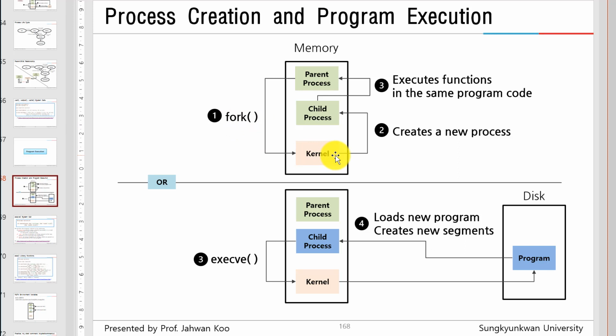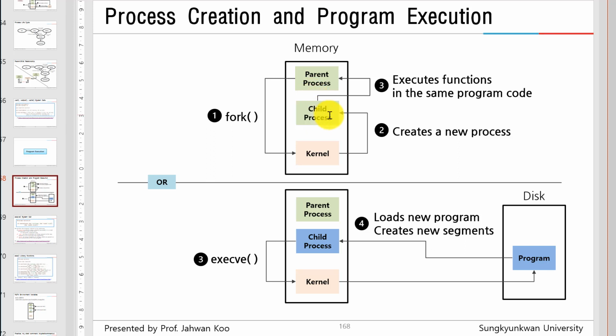Step 2. The kernel creates a new memory space for the child process, that is to say, a memory duplicate of the parent process. The child process inherits the parent stack segment, parent heap segment, and parent data segment.